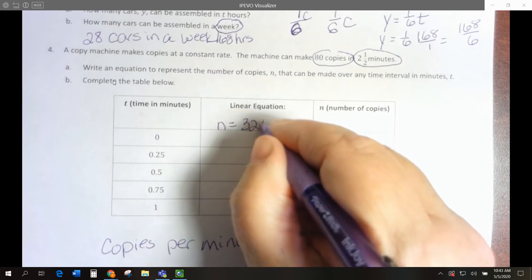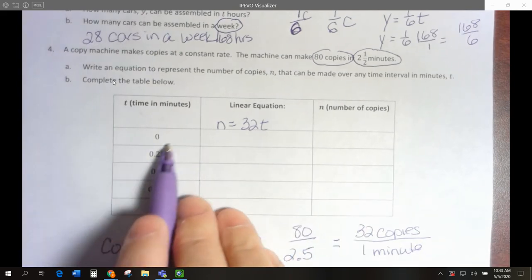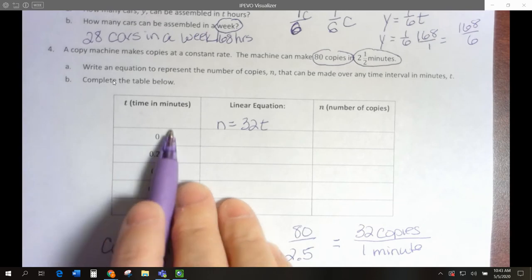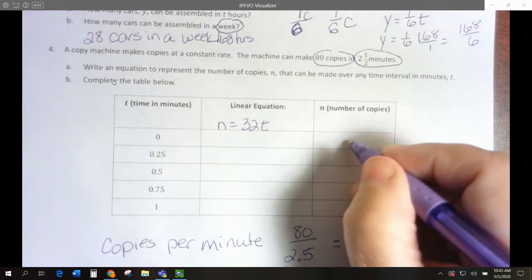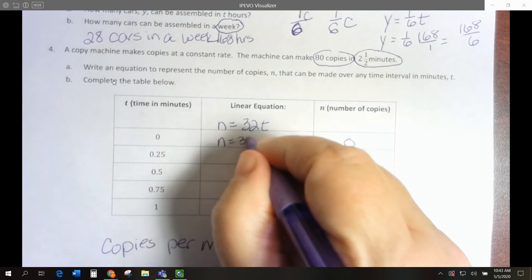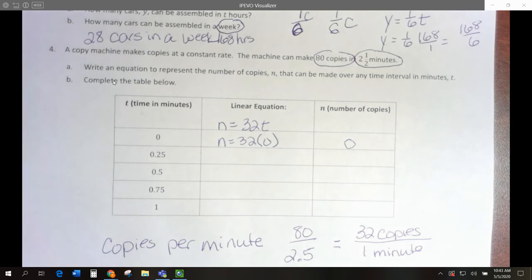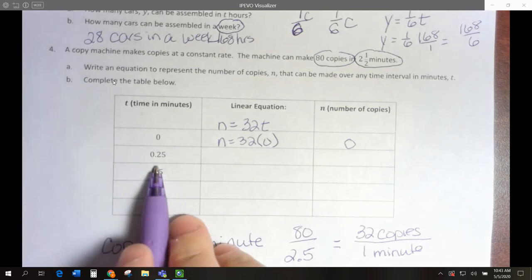So we take 32 and multiply it by the number of minutes. Here, if we have no minutes, well, that makes sense. If we have no minutes, then there's going to be no copies, right? And that would be n equals 32 times 0. 0.25.